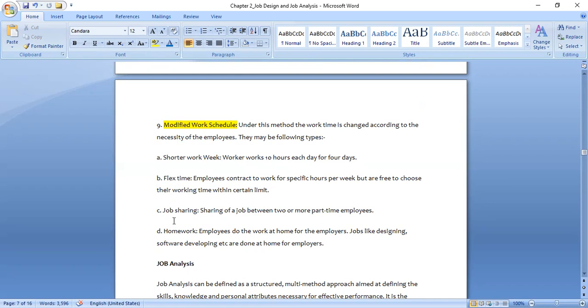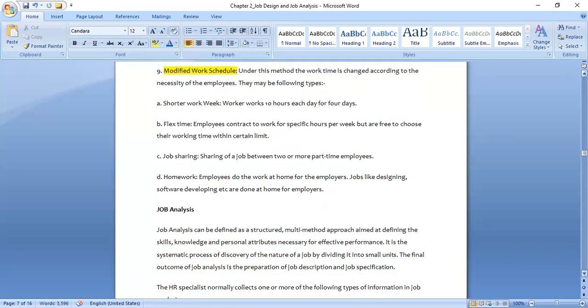Then you can help do what we call job sharing, whereby if they are part-time employees, they can share the job between themselves. Then you can allow them to do the work from home. For example, for people working jobs that are typically online, you allow the person to work from home as long as you can monitor the output that they are doing online. They don't have to come physically to the workplace. So that is what we call the modified work schedule.